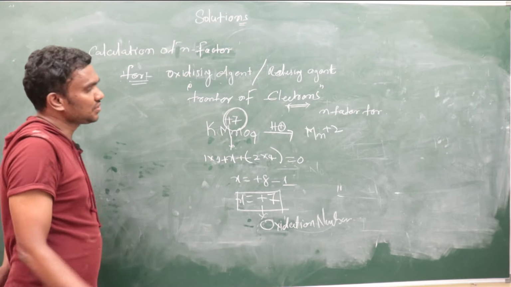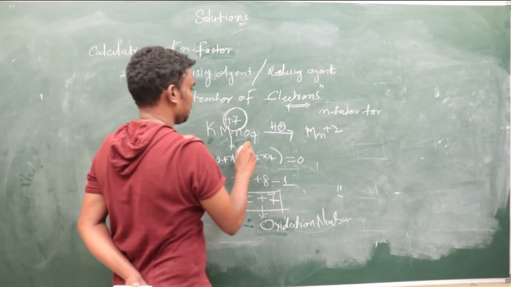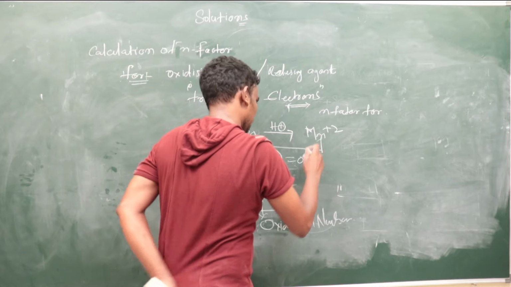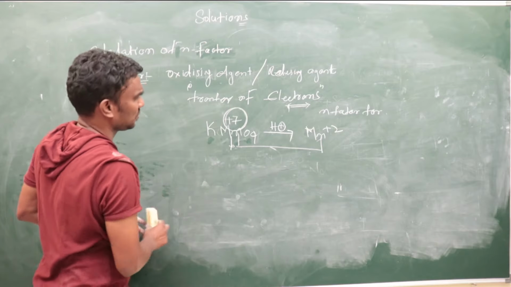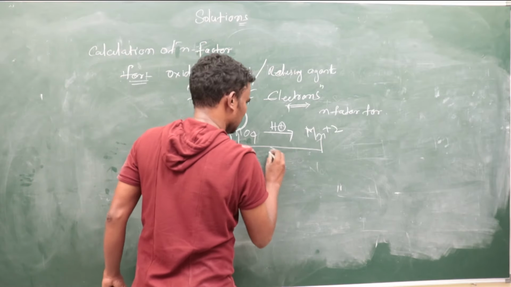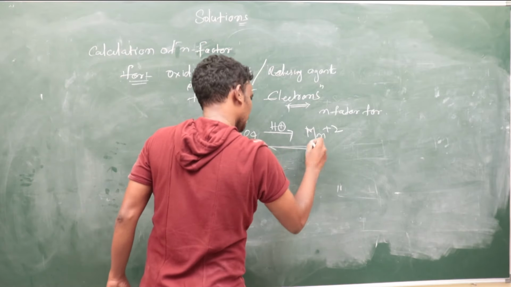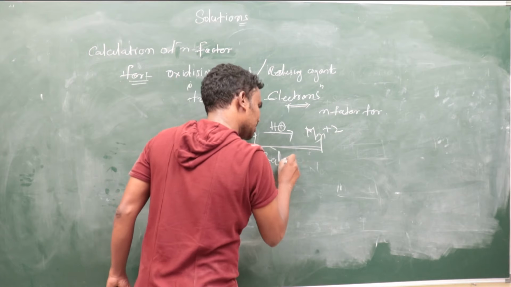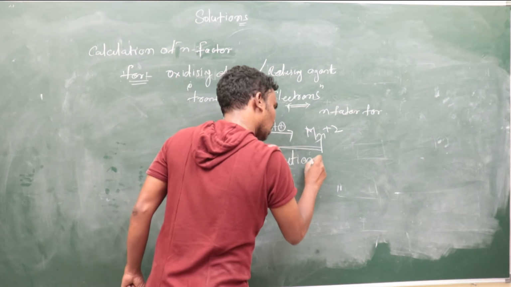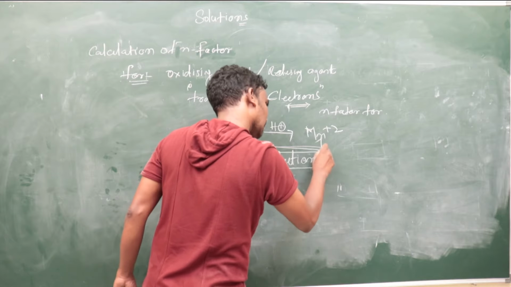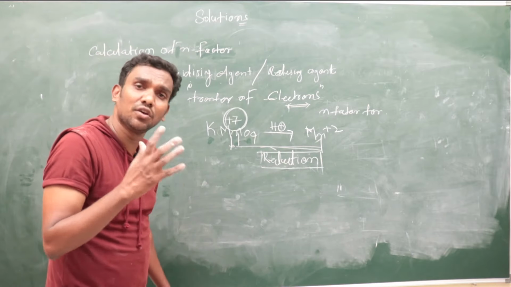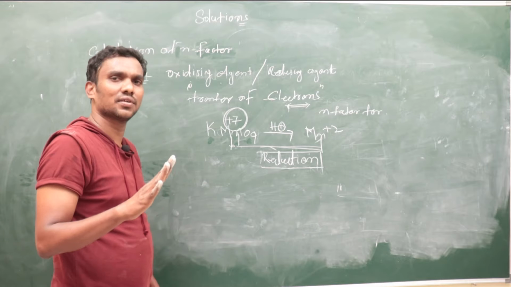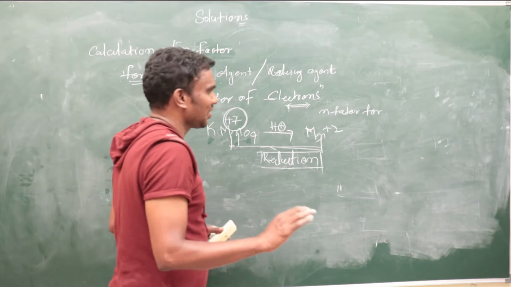Plus 7 to plus 2. This is called reduction, sir. The definition of reduction: the gaining of electrons is called reduction.